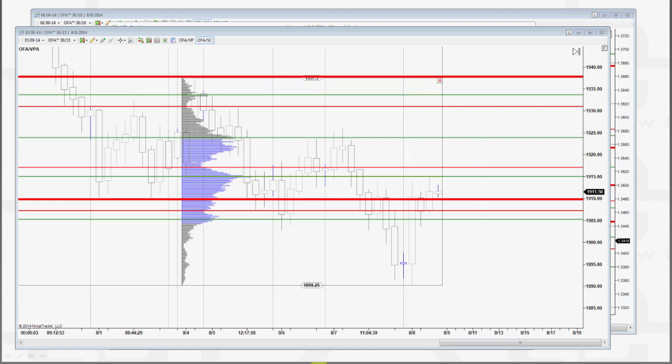Question: could one use these tools for ETFs, etc.? I'm almost there on this.